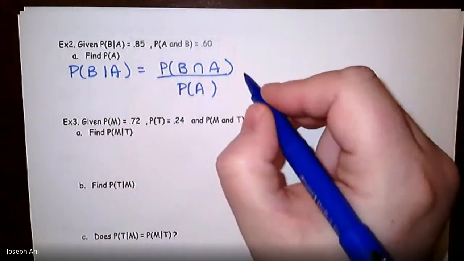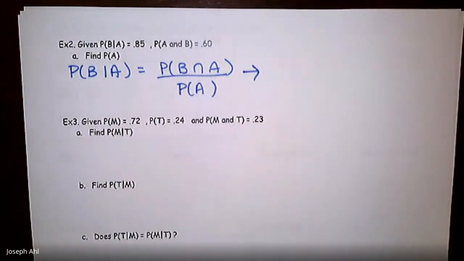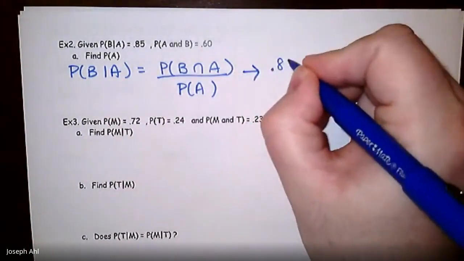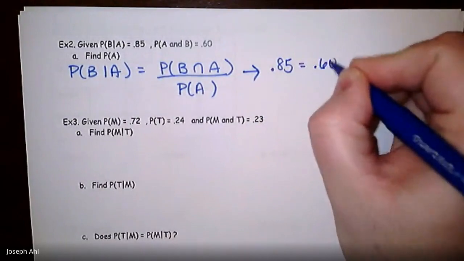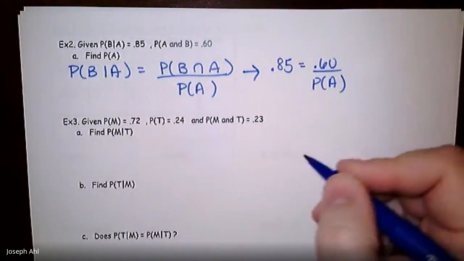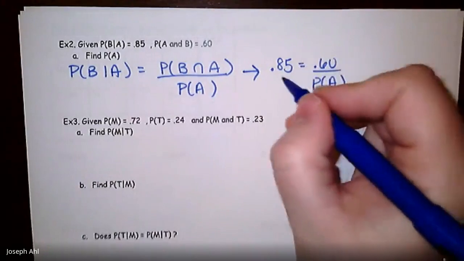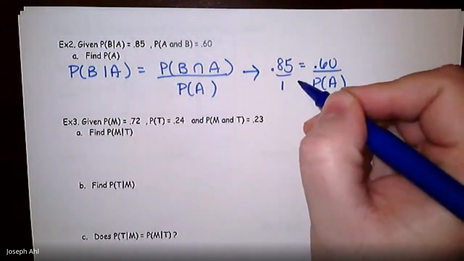If I sub in what we know, we get that 0.85 is equal to 0.60 over the probability of A. You can do a few things from here. If you want to put this over 1, cross multiply.